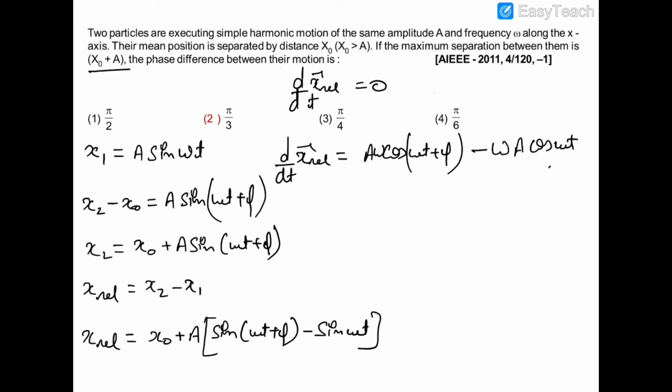Now we equate this to 0, and by equating it to 0 we get cos(omega t plus phi) is equal to cos omega t.